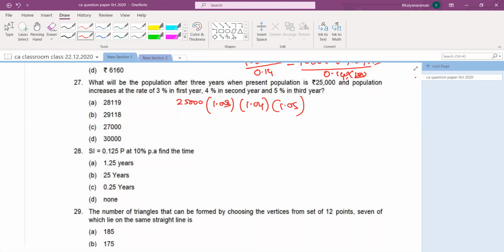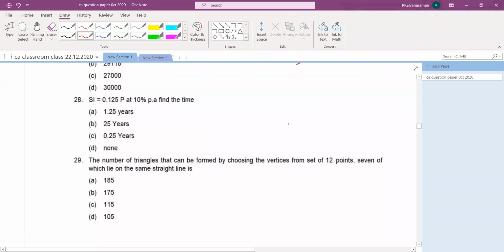So it is 28,119. We are doing compound interest at successive, different rates of interest in successive years formula.